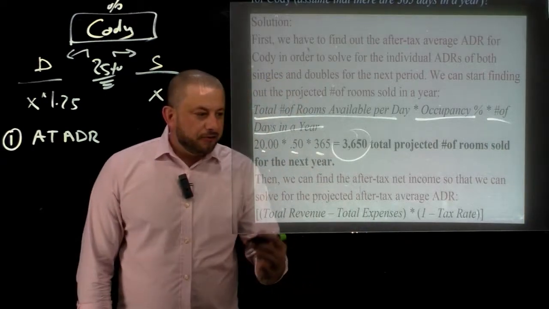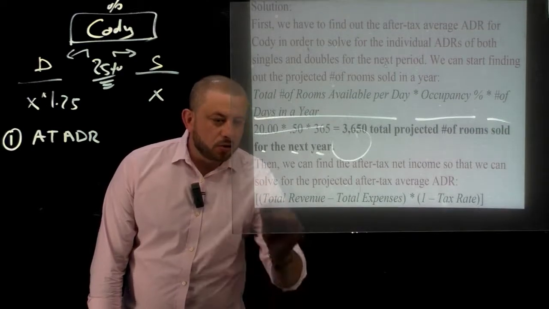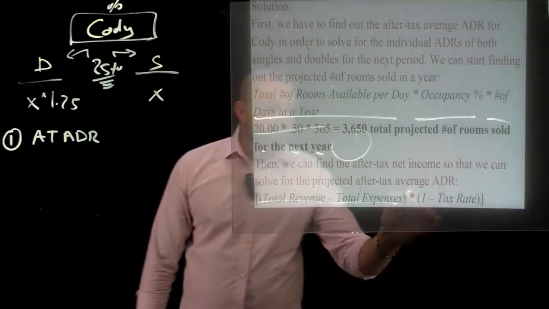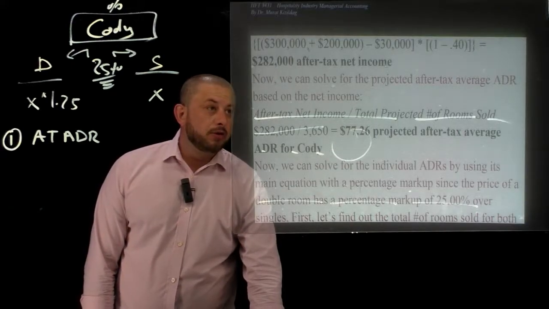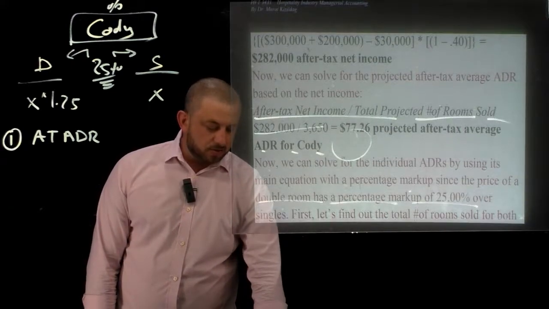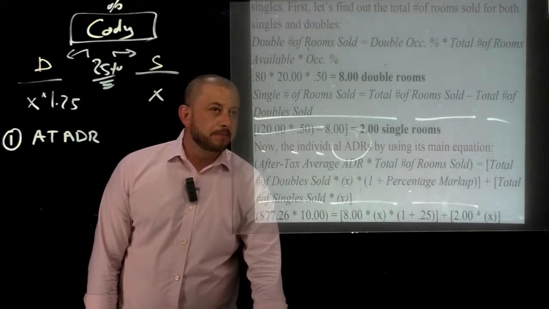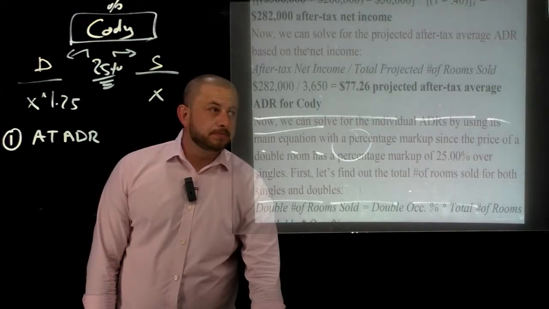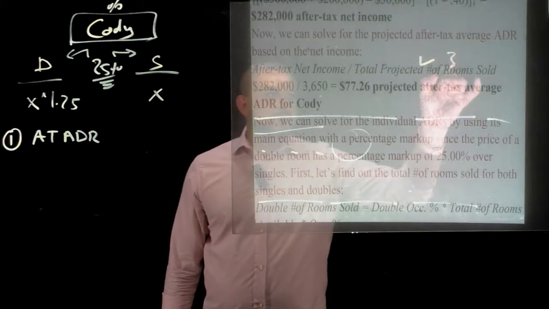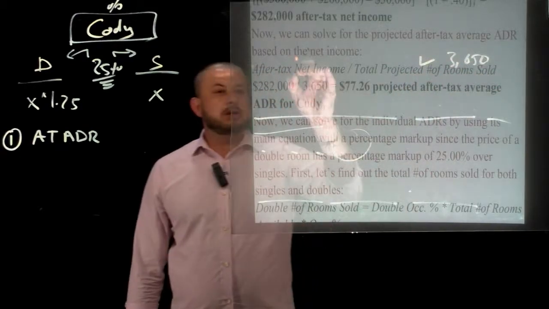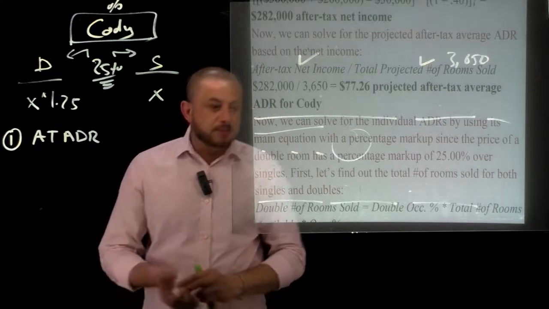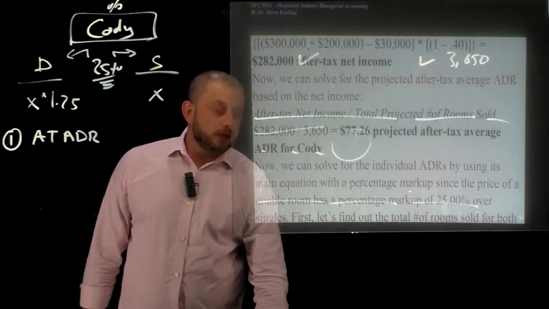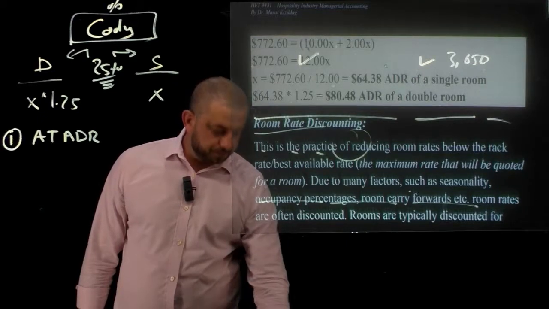And then if I do the total revenue minus total expenses multiplied by 1 minus tax rate, I will be able to find out, give me 1 second please. I just got this guy, 3,650. I will be able to find out after-tax net income when I do total revenues minus total expenses, and that formula right here, this formula right here.